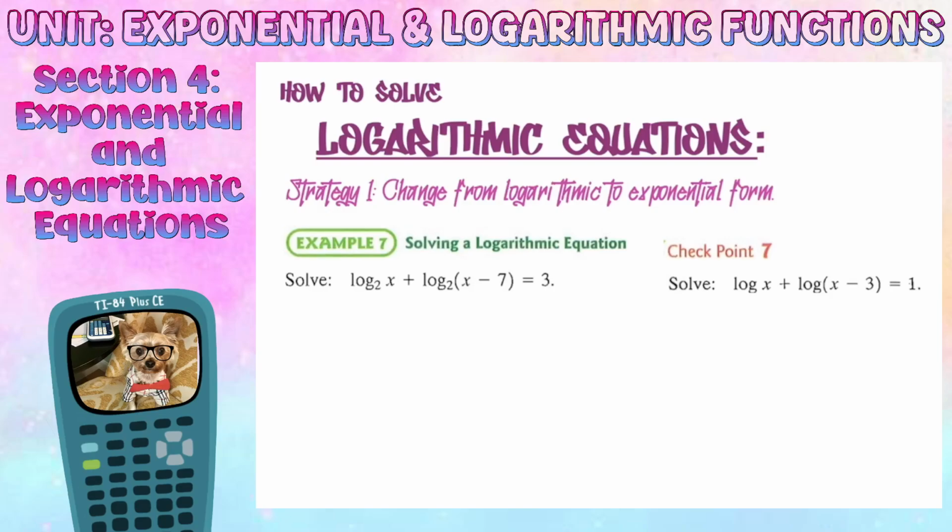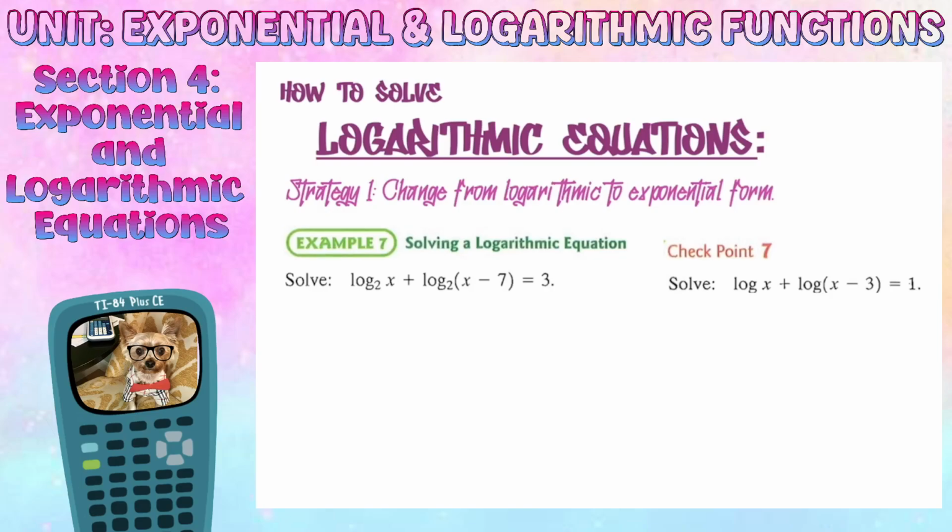In this case, example 7, we are not nearly explicitly in logarithmic form already, so we're going to have to use the product property to clean it up first, and then we'll rewrite it in exponential form from our single logarithm. This is part of section 4, exponential and logarithmic equations, in the unit on exponential and logarithmic functions. So let's get into this example.